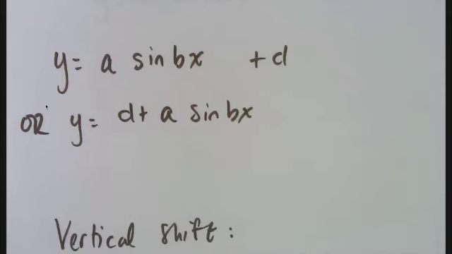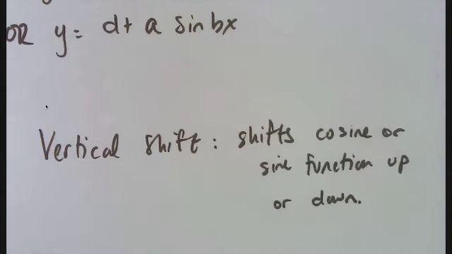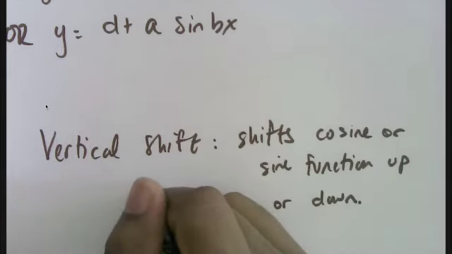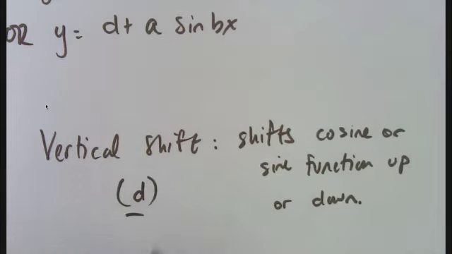And again, all this is doing is shifting the graph of sine or cosine up, or it might shift the graph down. And as a reminder, you have seen this before in Unit 2. So this is really where Unit 2 is going to come into play now. The vertical shift will be quantified by that value of whatever d is.